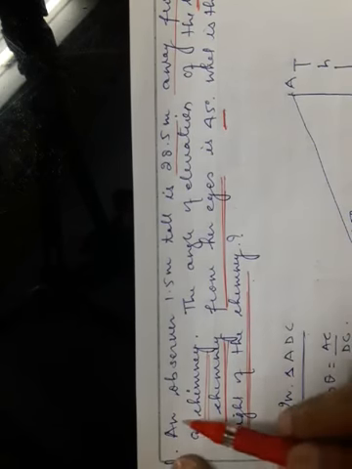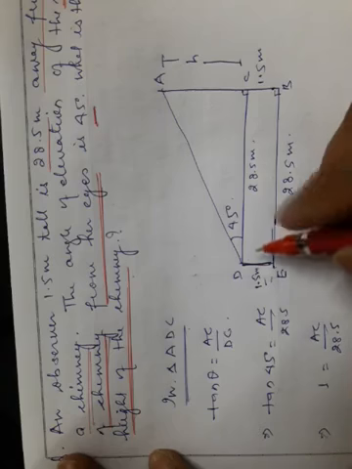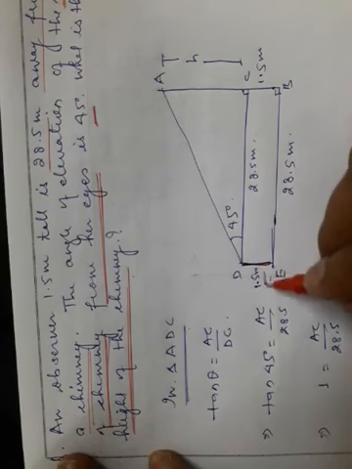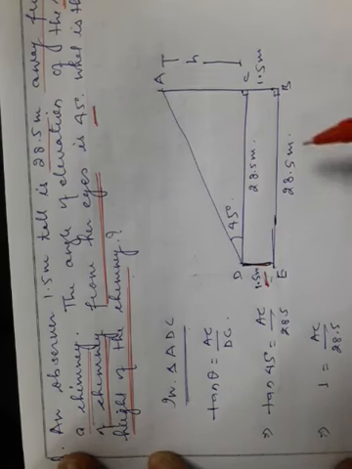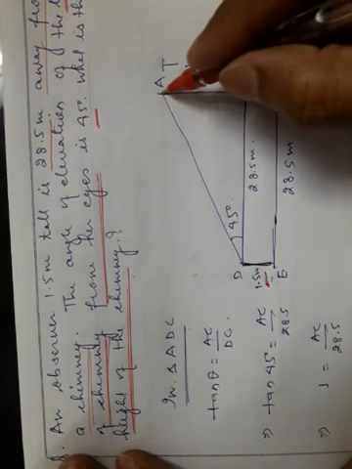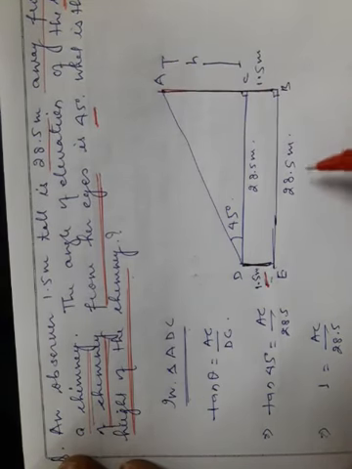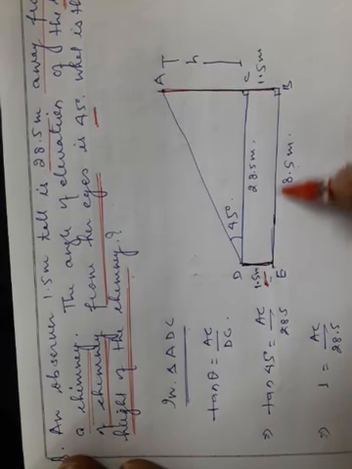First of all, you see an observer 1.5 meters tall. So I have drawn here an observer 1.5 meters tall, 28.5 meters away from a chimney. Here AB is the chimney, and the observer is 28.5 meters away from the chimney.